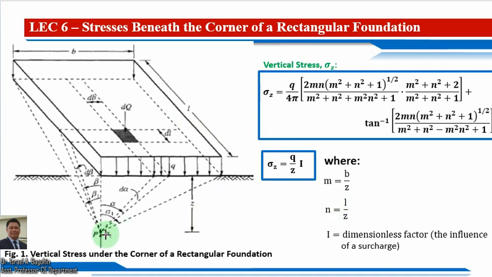So as you can observe here, we have this point P here, in which we are going to calculate the sigma z. And if we extend a line through this point in our width of this rectangular foundation, each angle is just simply equal now to this alpha 1 with respect now to this vertical axis.